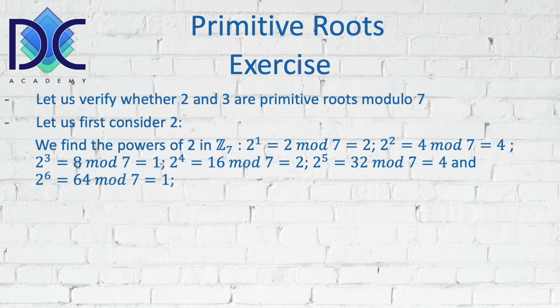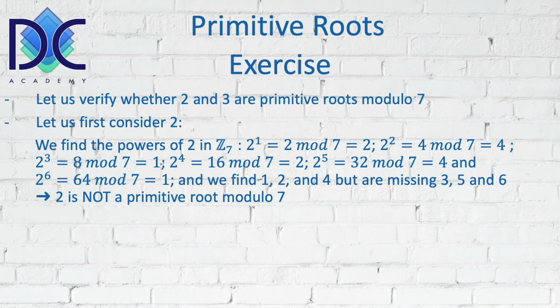And for 2 to the power 6, which is 64 modulo 7, we get 1. Now what we see is that we find 1, 2, and 4, but the other numbers, 3, 5, and 6, are missing. This means that 2 is not a primitive root modulo 7.